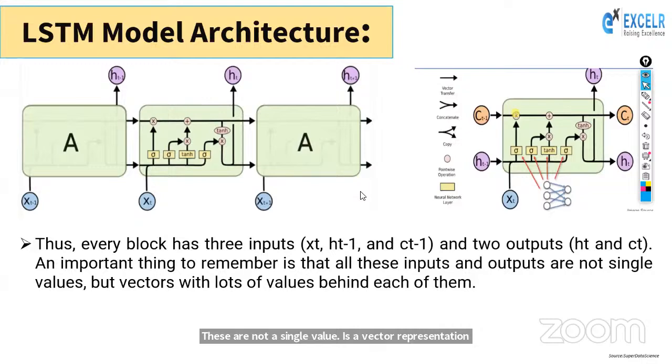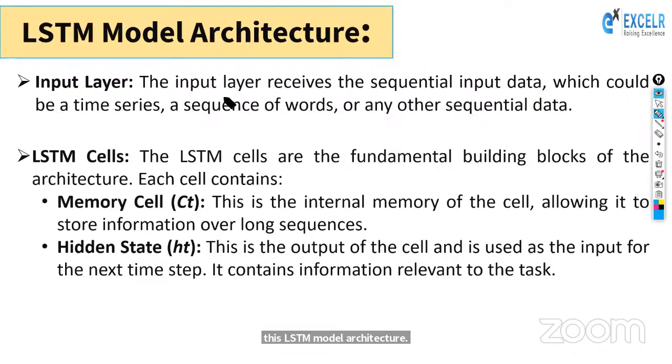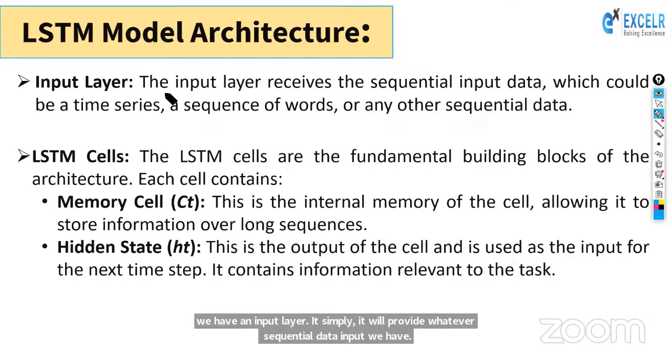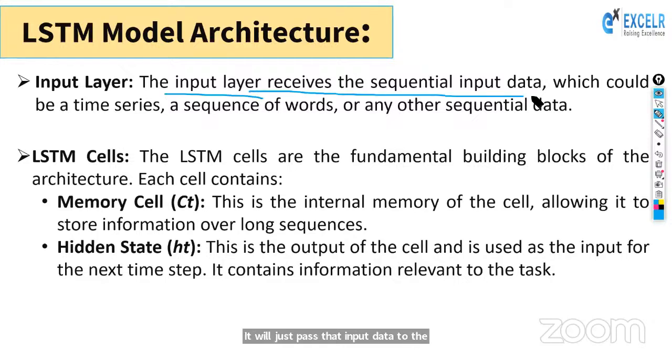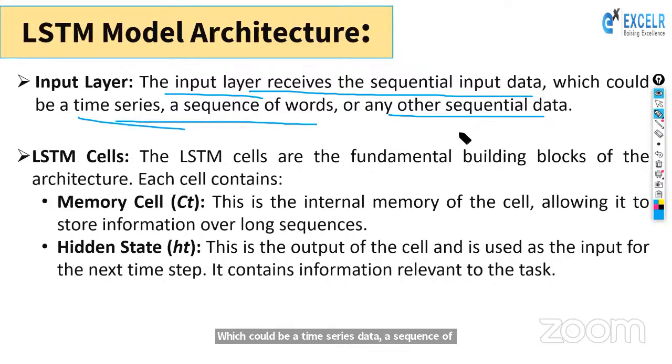Okay. Now let's see, guys, the different parts of the LSTM model architecture. We have an input layer. It provides whatever sequential data input we have and passes it to the LSTM model. The input layer receives sequential input data, which could be time series data, a sequence of words, or any other sequential data, and passes it into the LSTM architecture, right?